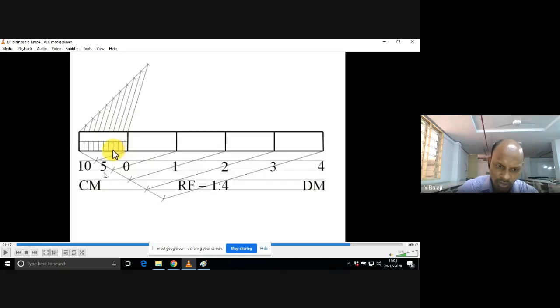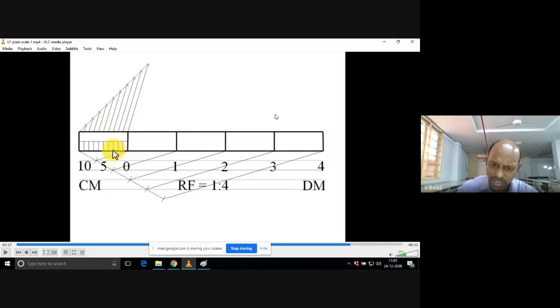I have shown you 5 and 10 only. In between I did not show any values. Here you can start from 0, numbering from right to left: 1, 2, 3, 4, 5 centimeter, 6 centimeter, 7, 8, 9, and lastly it is 10. That is indirectly 1 decimeter.